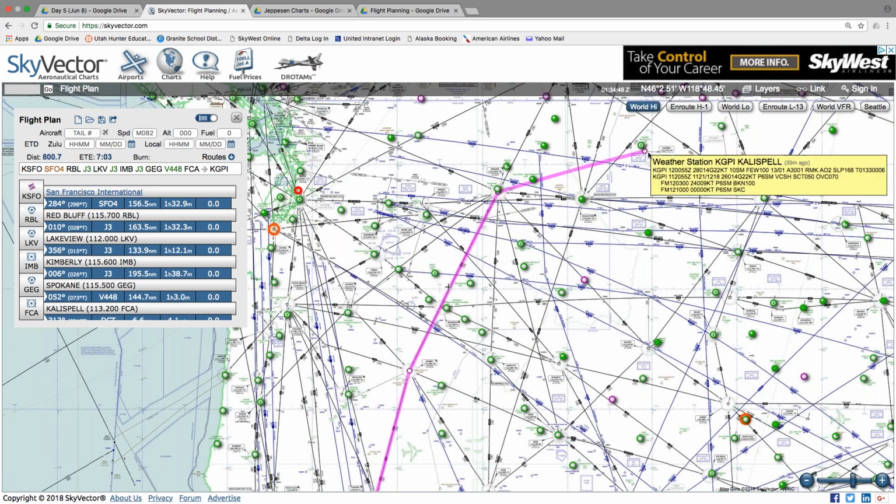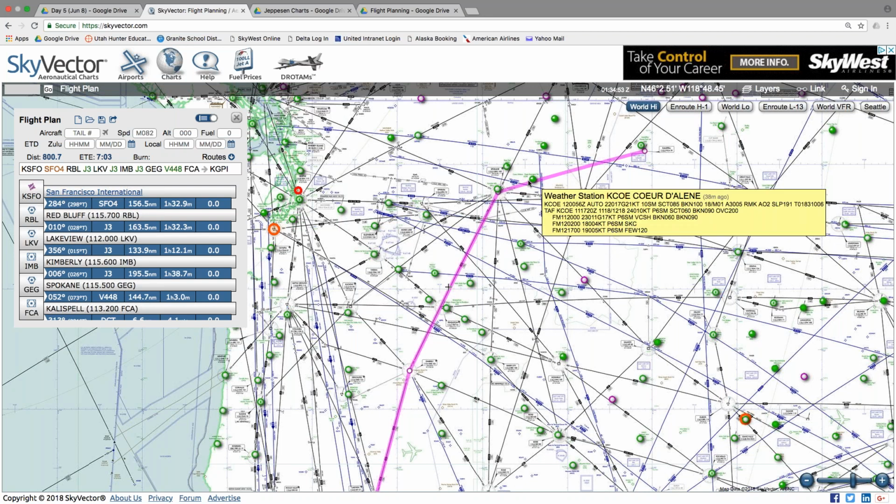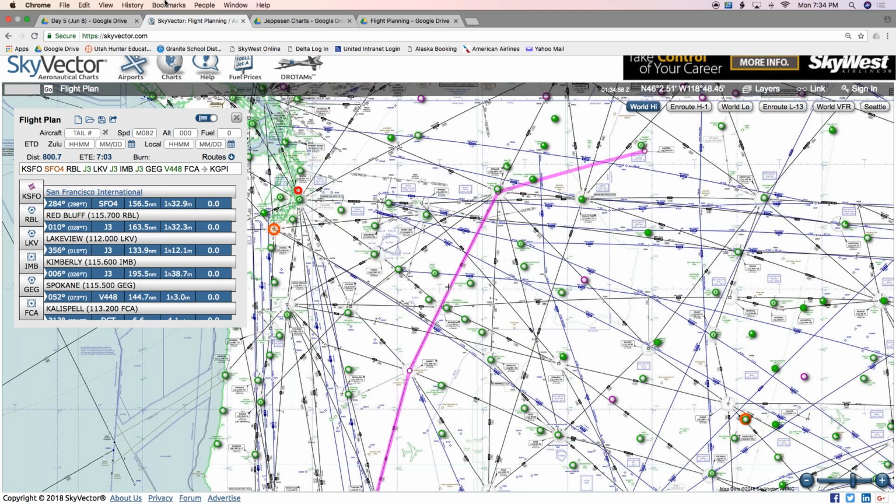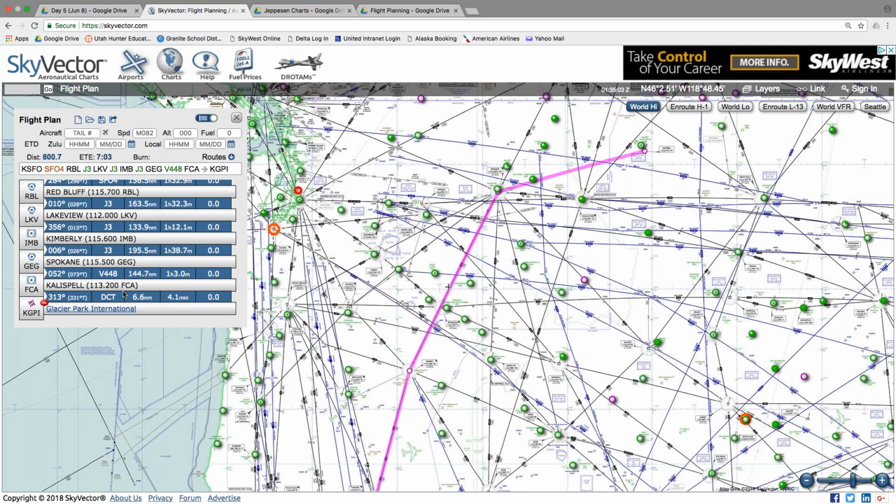So now let's go backwards from Kalispell to our top of descent. Okay, that is a total of 109.9 miles. So we can see that from Glacier Park to Spokane, if we add these two numbers, 144.7 plus 6.6, that's a total of 151.3 miles.